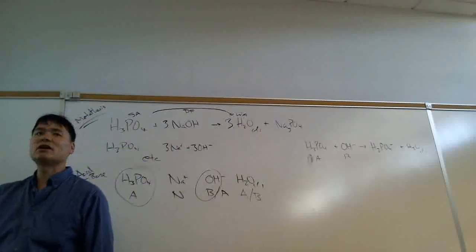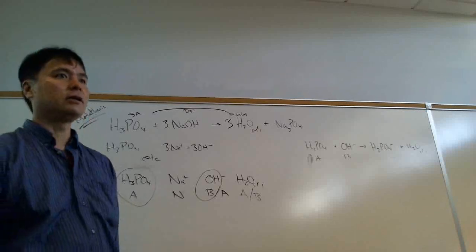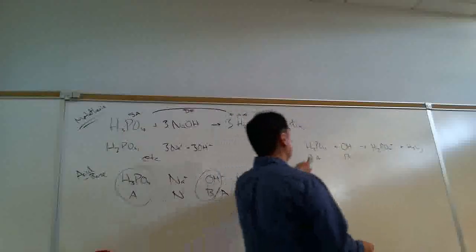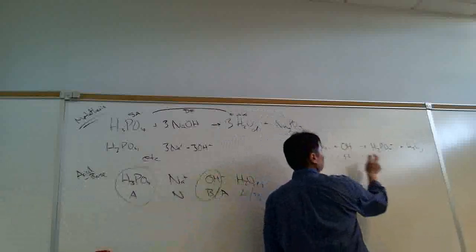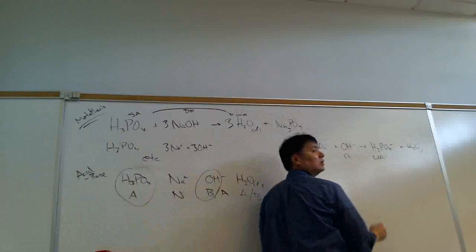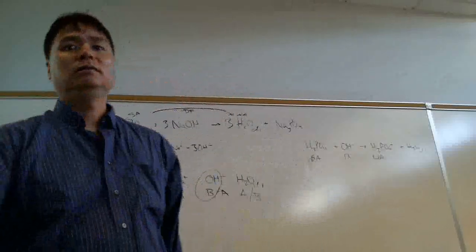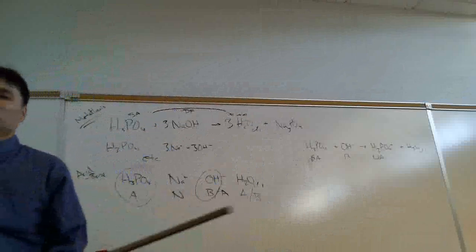Dihydrogen phosphate's a stronger acid. And so are we going from stronger acid to weaker acid? Does that look right? Yes, it looks right because phosphoric acid is way up here.